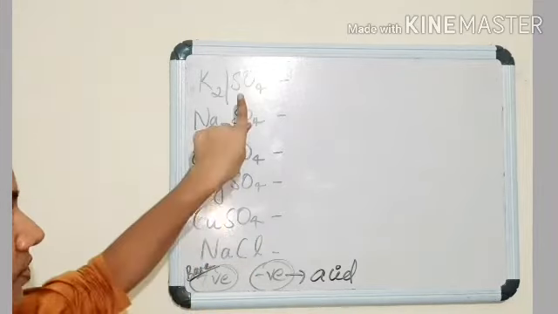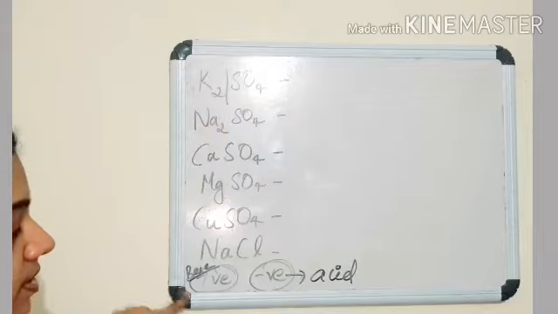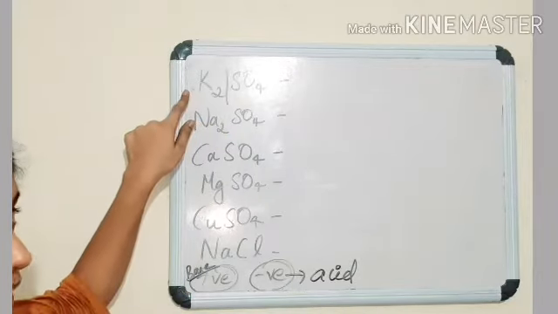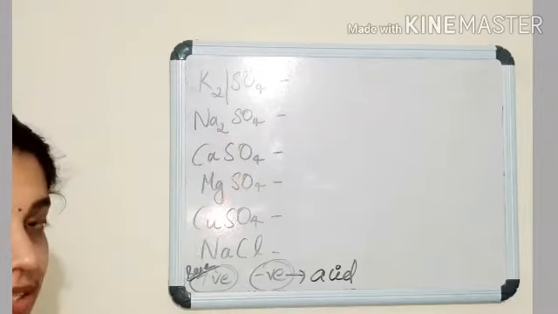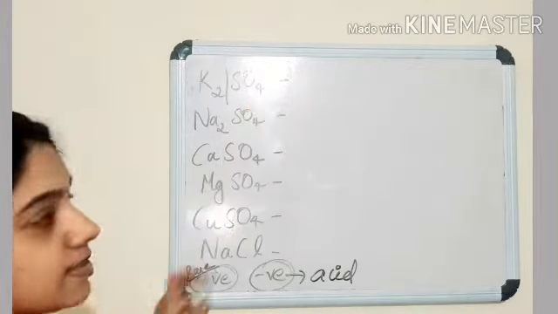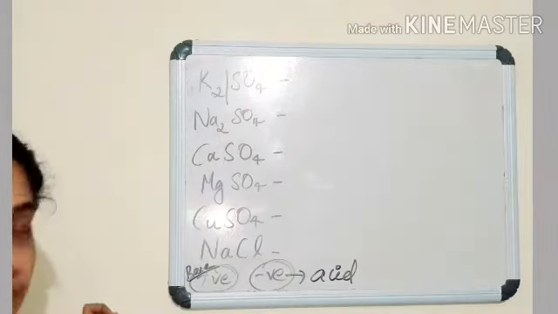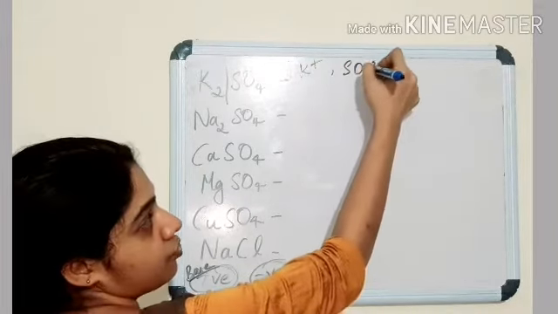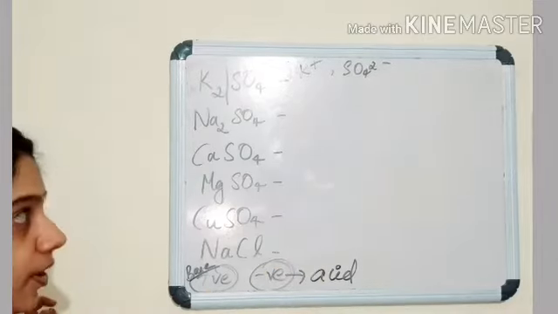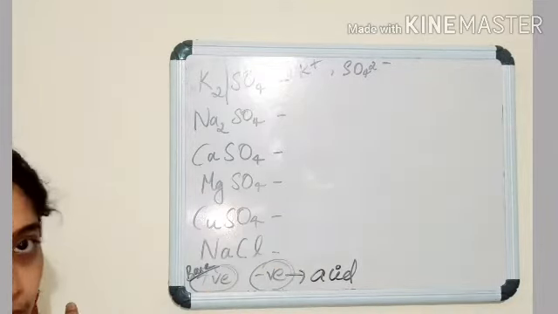So first check the positive part here: K, potassium, K plus, and SO4 is 2 minus. So we have found the positive part and the negative part.